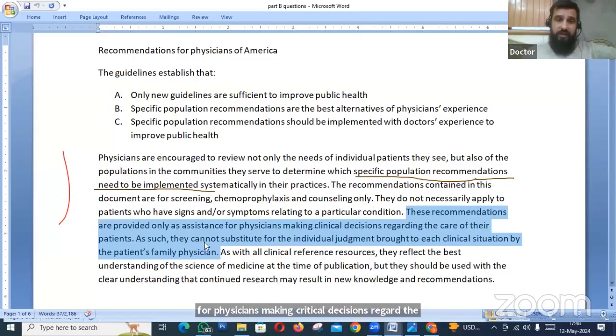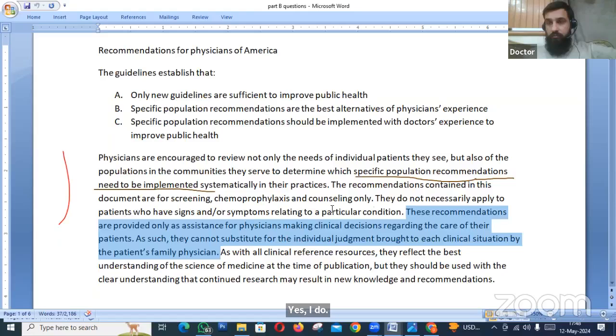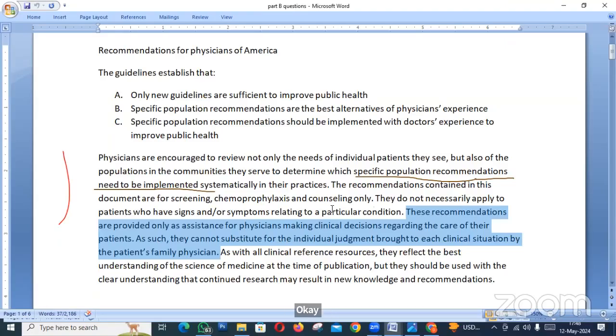As such, they cannot substitute individual judgment of the doctors. Okay, only new guidelines are sufficient to improve public health. Yes or no? No, no. No, very good.